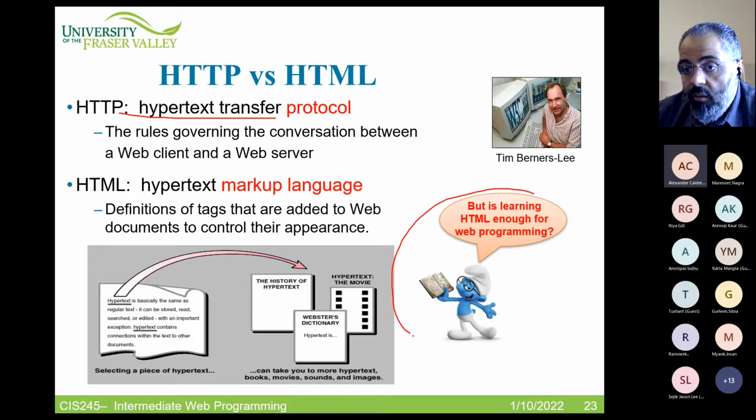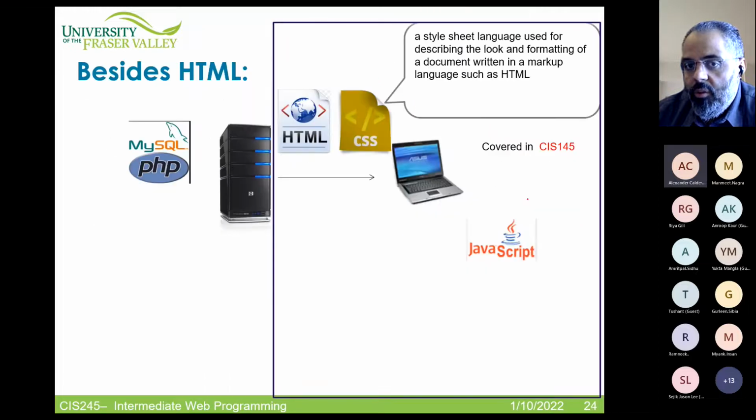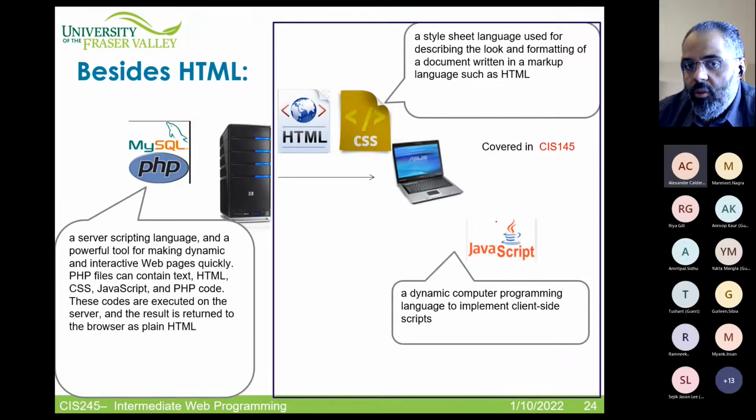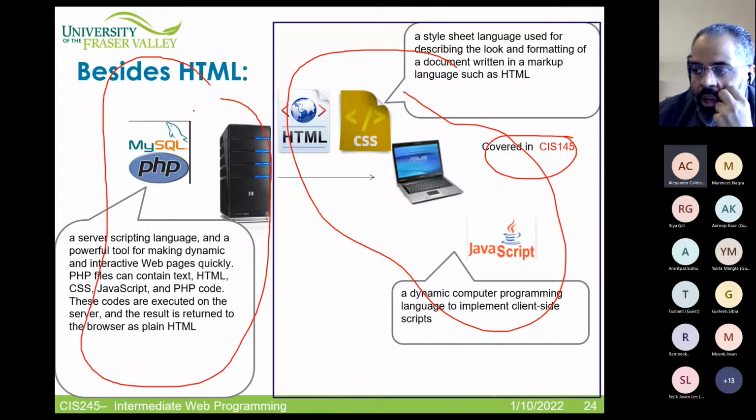But now Brain is asking, is learning HTML enough? Sure not. This is why we now have CIS 245. This is what you have already learned in CIS 145, and this is what we are going to learn here. We are going to learn about server-side coding.